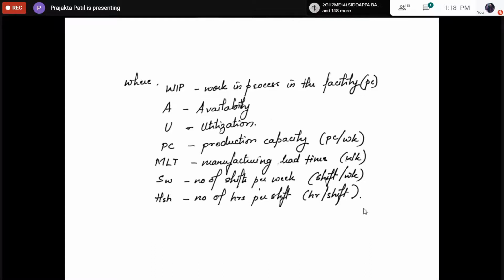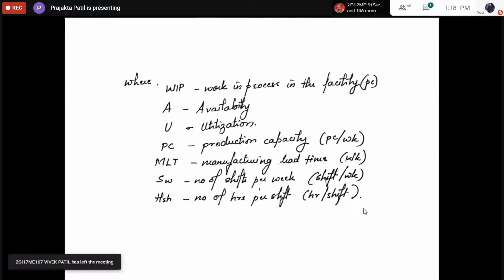So is this clear? Yes, ma'am. Shall we start with the problems? I hope you all have written these 6 performance measures: production rate, production capacity, utilization, availability, manufacturing lead time, and work in process.